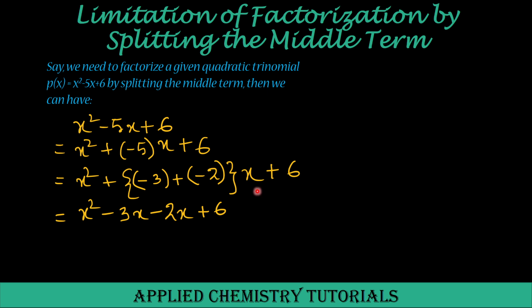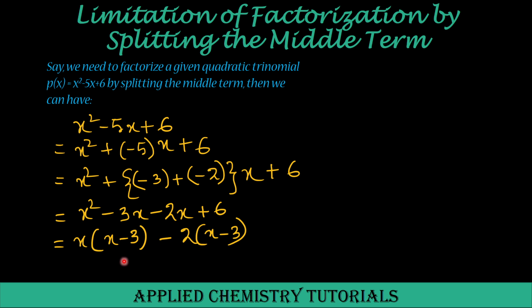So from this we have x square minus 3x minus 2x plus 6. Now from the first two terms, if we take x as the common factor, we have x multiplied by x minus 3. And from the third and fourth terms, if we take minus 2 as the common factor, we have minus 2 multiplied by x minus 3.